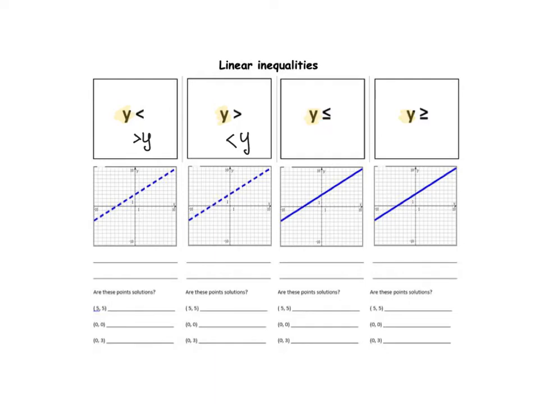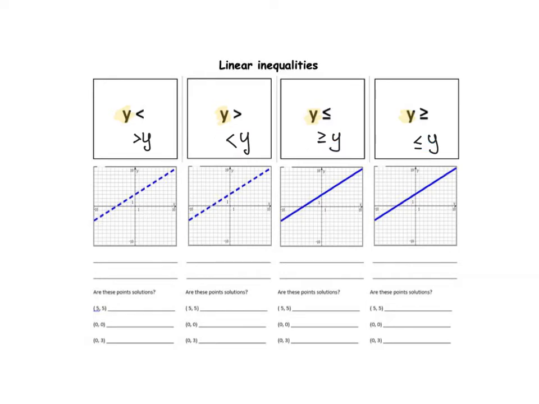That'll be the same if the y appears on this side: the symbol still points to the y, and you still have your equal under. This one is saying y has to be greater than or equal to whatever is over here, which is the same if I have my y on this side and the greater side pointing at it and also the equal.